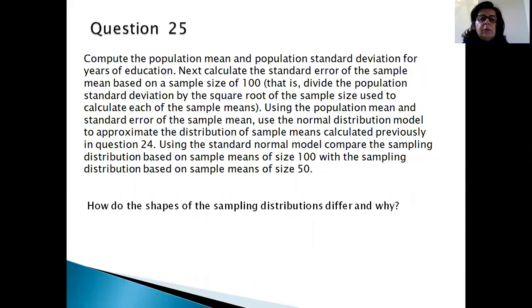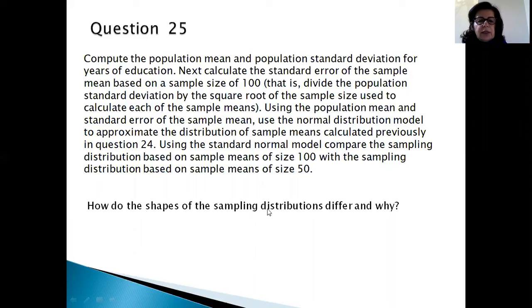Compute the population mean and the population standard deviation for years of education. Next, calculate the standard error of the sample. Let's read the question, and then when we go to R, we are going to do this anyhow.